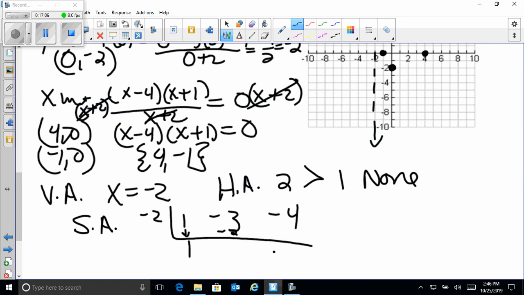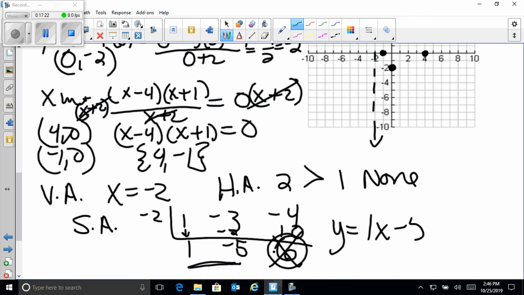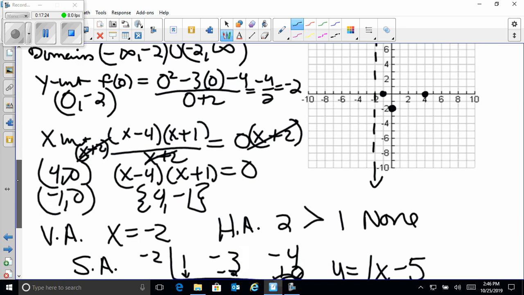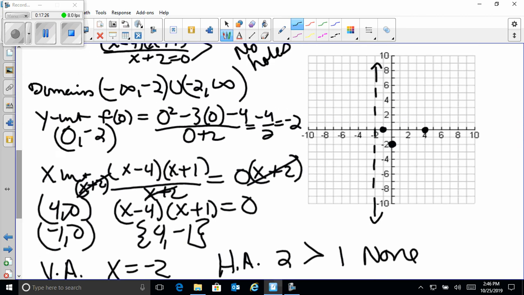That is going to be negative 5, 10, negative 6. I don't really care about the remainder. Remember, that's not important. This is important. This is telling me that my slant has the equation y equals 1x minus 5. So sketch that in there, starting at negative 5 and go up 1, up 1, up 1. There is my slant.